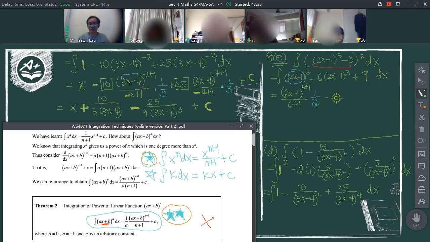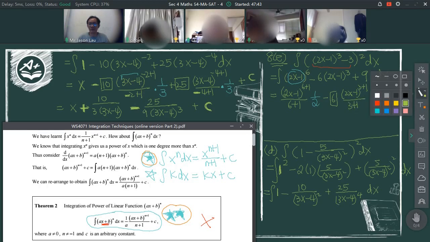Then for the second term, the 6 leave it alone. Then the power 3 plus 1 over 3 plus 1. Then again the same chain rule effect, reverse. Then plus 9x. Then plus c.